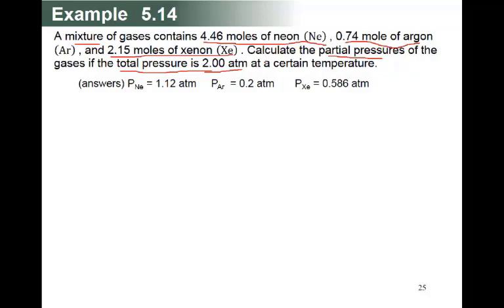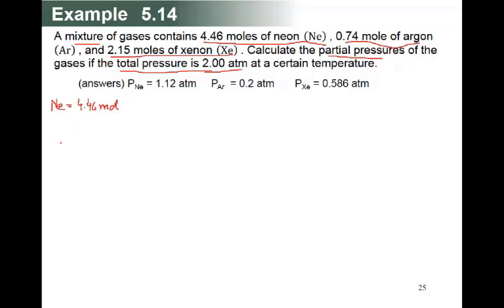He is giving three gases. Number one is neon, equal to 4.46 moles.